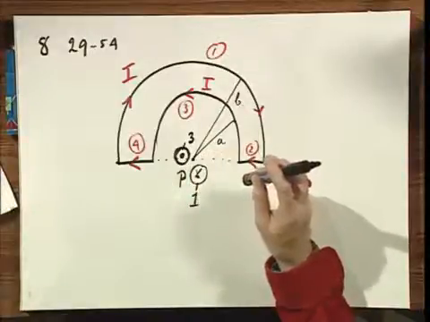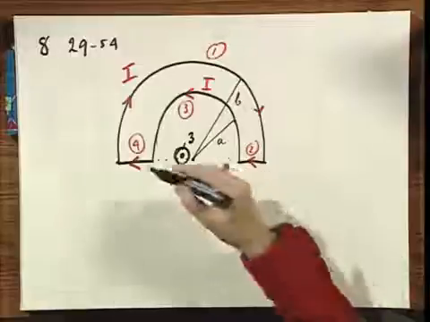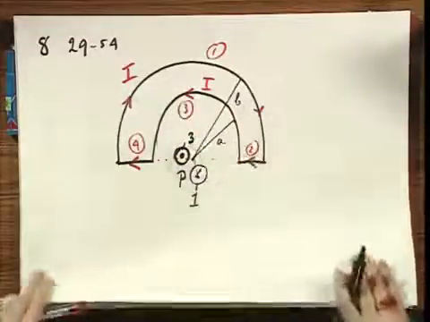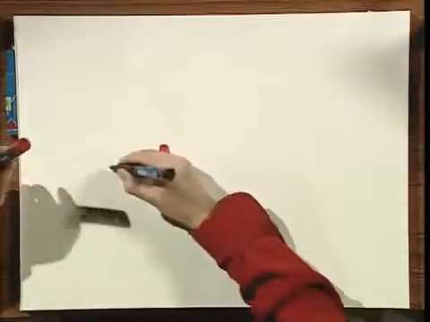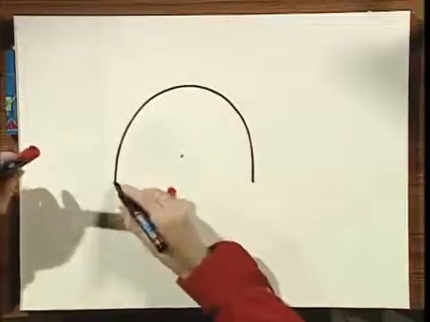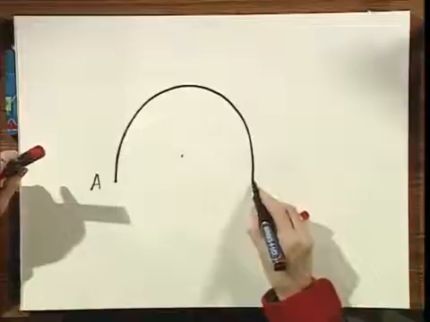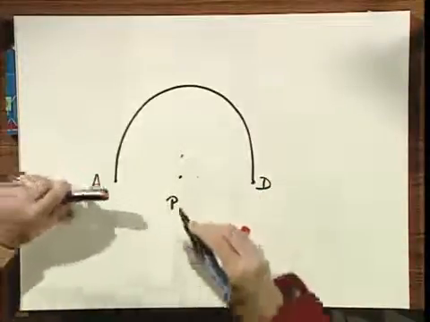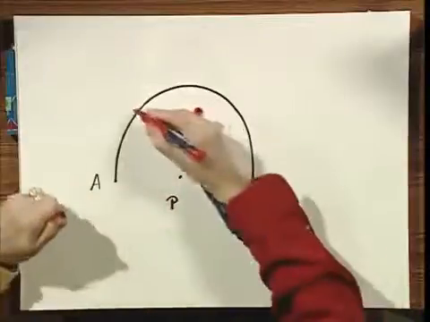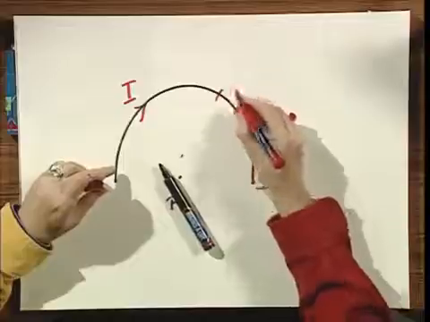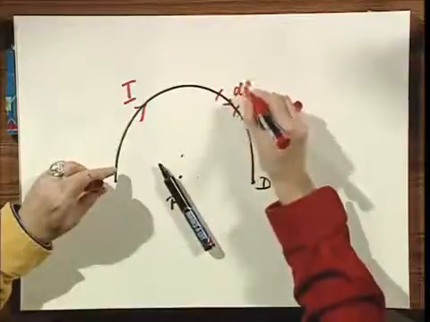Well, what I propose to do is to simply calculate for you the magnetic field of one arc, and then I'm sure that you can do the superposition of both arcs. So here's one arc. I call this point A, and I call this D, and this is the center, this is P. I have a current I in this direction, and I have here a little element dl.